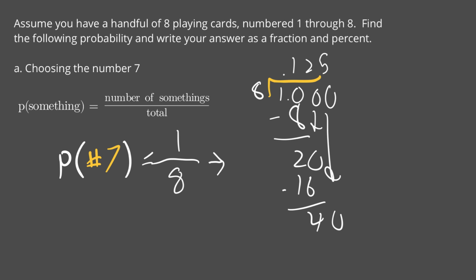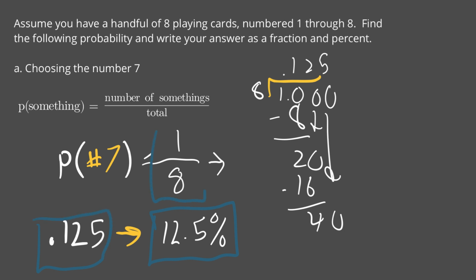So our decimal version of 1 over 8 is 0.125, and we can turn that into a percent by moving the decimal place 2 to the right, and that's 12.5%. And if you have questions on that, we also have a video about how to turn decimals into percentages. Awesome. Let's look at another one.